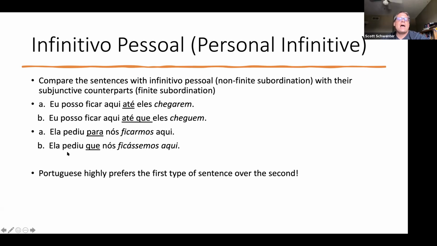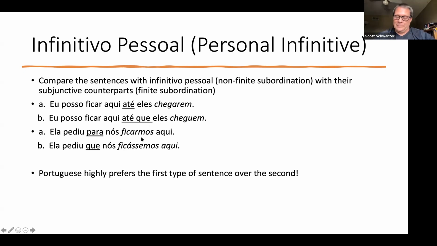So, ella pidió que nos quedáramos aquí, or nos quedásemos. I would never say it that way, but nos quedáramos aquí, okay? So Portuguese highly prefers, right? So all of that time you spent with your Spanish students, teaching them to use subjunctive in these hasta que or pidió que contexts, you don't have to do that for Portuguese. You can just teach them to use the infinitive.